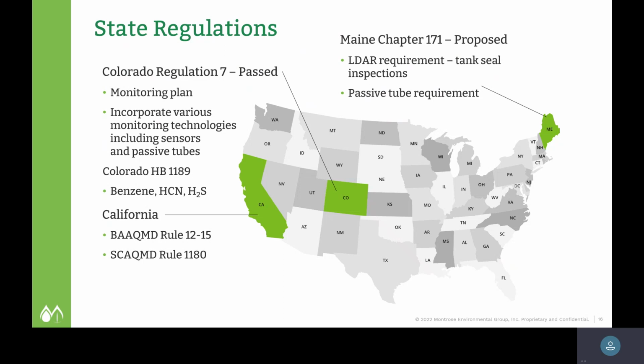So, state regulations. I've covered a lot of things with passive tubes, sensors, and various things. California, if you spend any time in this room, and I think my friend over here is probably going to discuss some things in California in a little bit, but basically, they're all in. From a community standpoint, they're doing optical remote sensing out there.